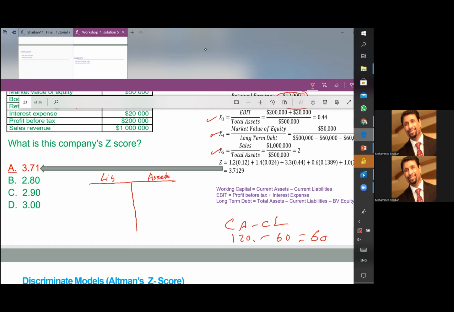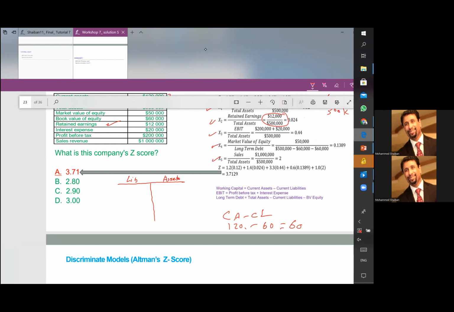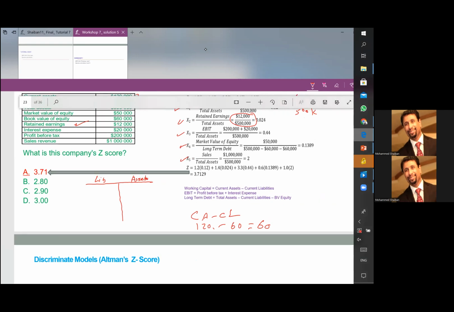X3 is EBIT, and X4 is the market value of equity over long-term liabilities. The EBIT, I don't have it. I have only the EBT, the earning before tax.